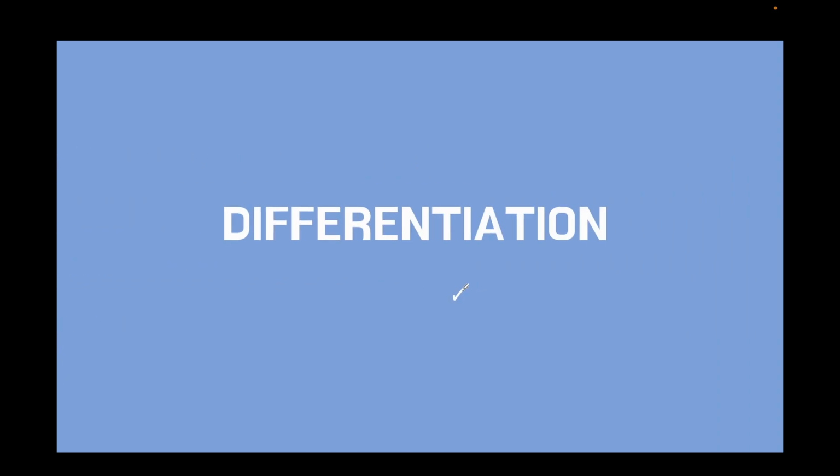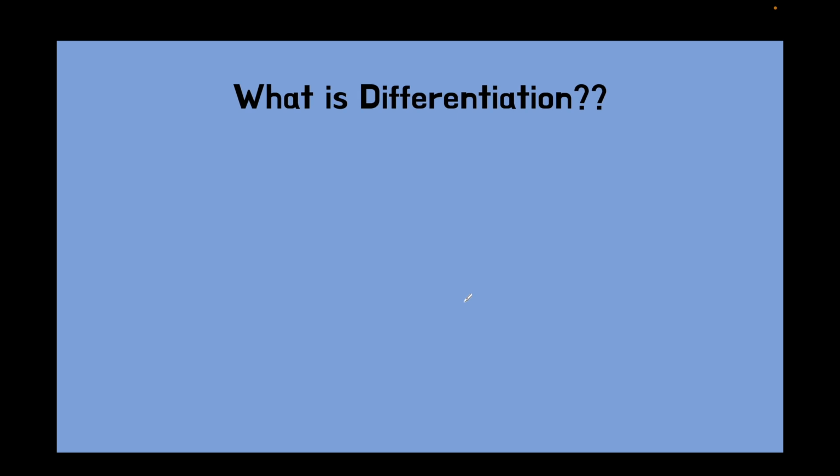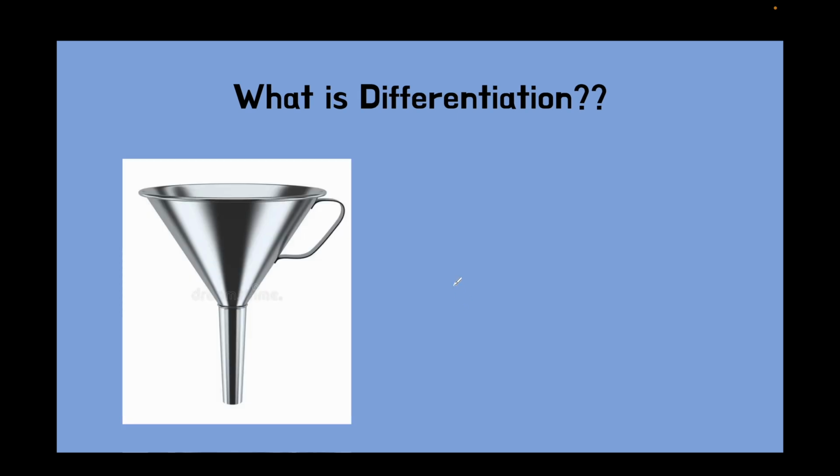So first part is differentiation. Okay, what is differentiation? Let us check. Okay, as you can see, I have a funnel over here. I will change the color of the pen. Now what I will do is I will add some amount of water. When I add some amount of water, as you can imagine, the speed of water at this part and the speed of water at this part will all be different, will all be varying.